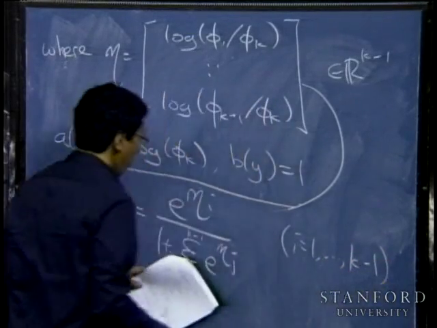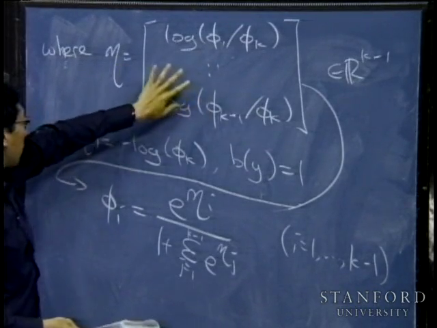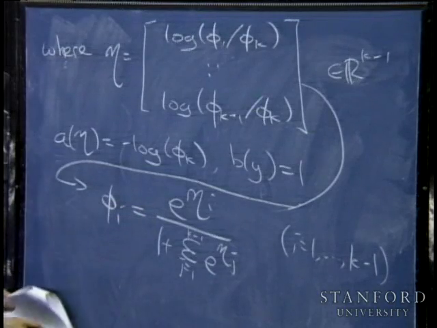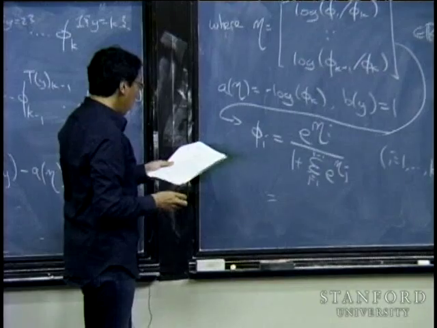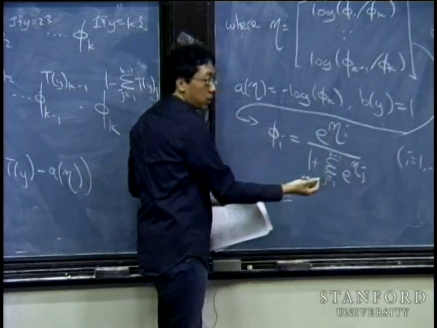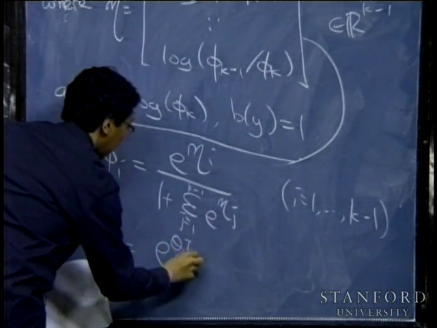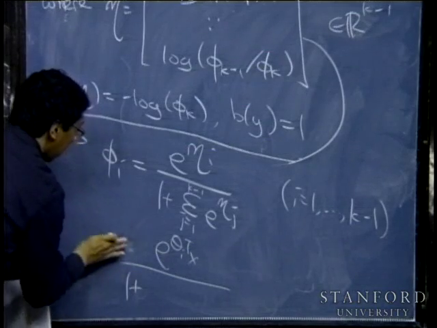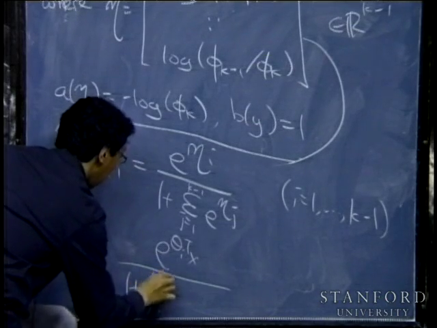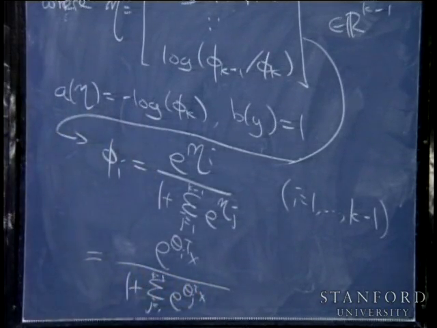The way you do this is, this defines eta as a function of phi. So if you take this and solve for eta, you end up with this. There are a couple of steps of algebra that I'm just not showing. And then lastly, using our assumption that the etas are a linear function of the input x's, phi_i is therefore equal to e to the theta_i transpose x, divided by 1 plus the sum over j equals 1 to k minus 1 of e to the theta_j transpose x.